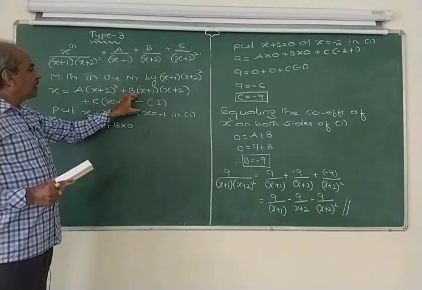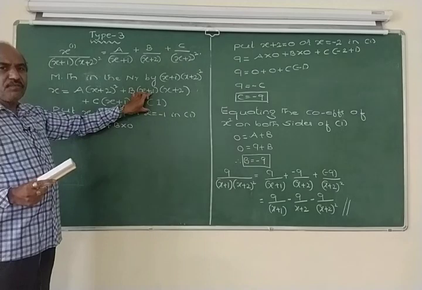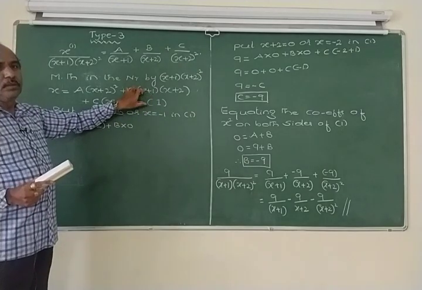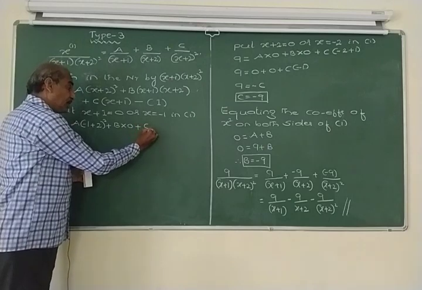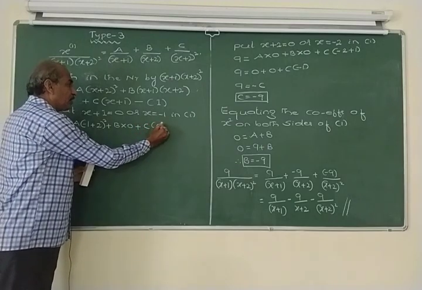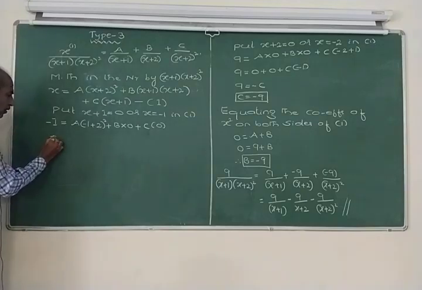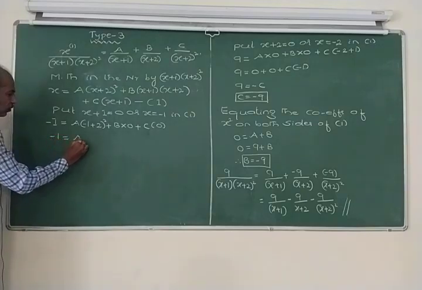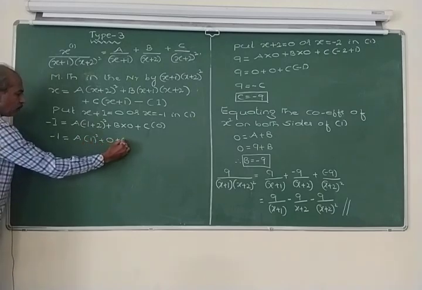So the second term contains the linear factor x plus 1, therefore I have replaced it by 0. 0 multiplied by anything is 0. C also contains the x plus 1 term, that is also replaced by 0. Therefore minus 1 is equal to A times, it should be 1 the whole square plus 0 plus 0.